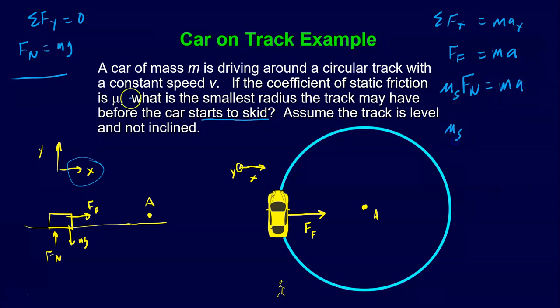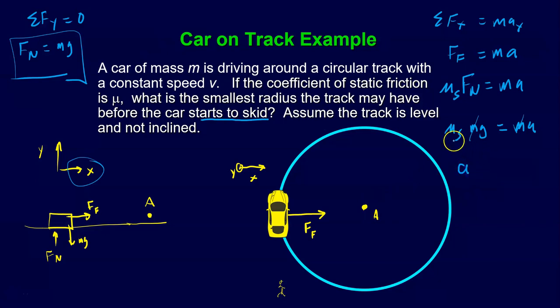Now, as happens often, not every time, the normal force is mg. So we can plug in this mg over here, and what's nice is the mass cancels out. So this doesn't depend on the mass of the car, and that should make sense, right? Because when you make tracks, they have different kinds of cars riding on there, so it makes sense that the mass wouldn't be important.